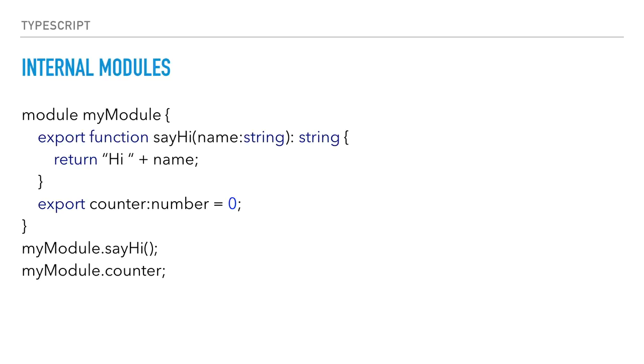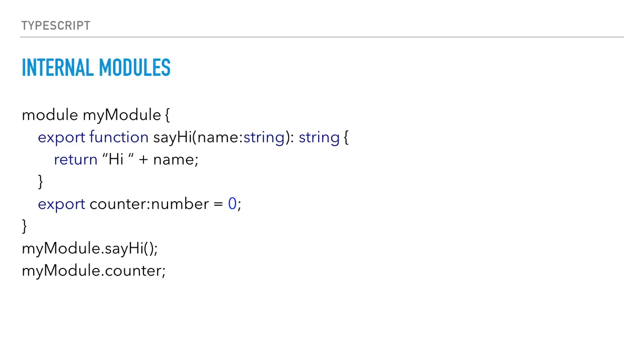So let's take a look at this example for internal modules. You define a module, my module, and inside you can put any kind of code. Everything that you put without the export keyword, you can think about it as private. Nobody can access it outside these brackets of my module.